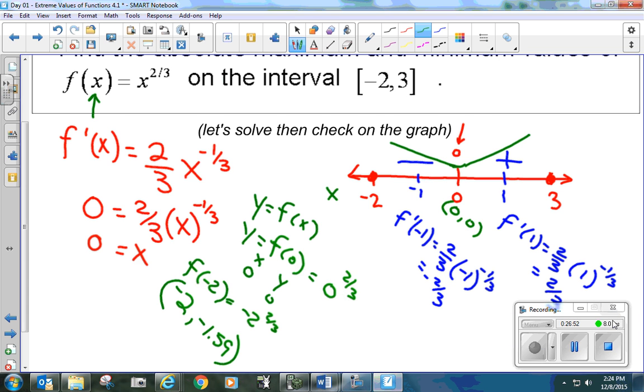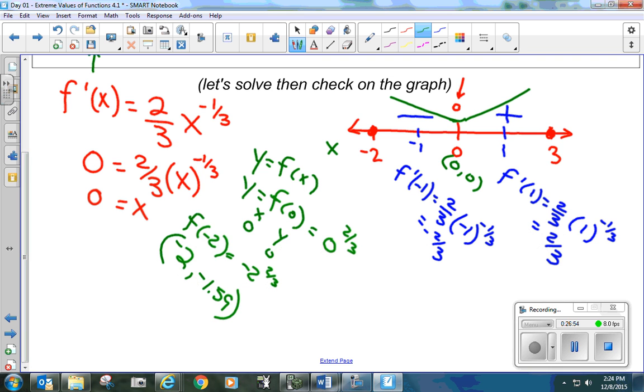So what about f of 3? I want to find f of 3. That is 3 to the 2/3. What do we got there? 3, comma, that's my x value. What's my y? Who's got that? What do we got?